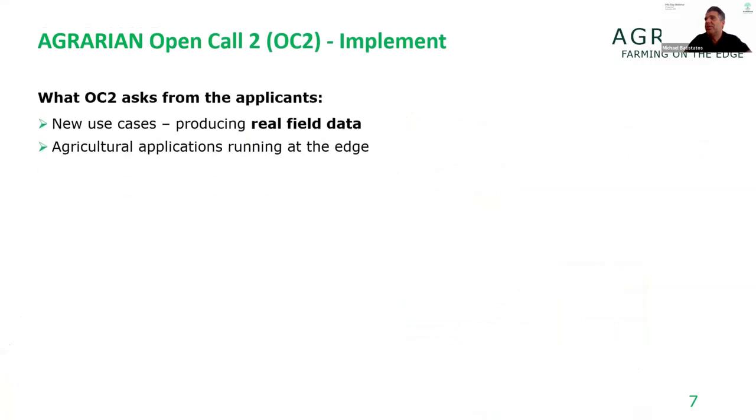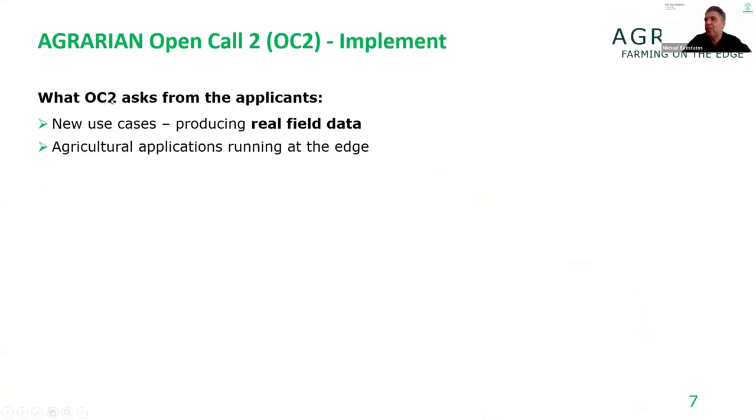Now, we will see some characteristics and specifications of this open call because it has some differences from the previous one, and I have received a lot of questions from you regarding the previous and this open call. So let's make some things clear.